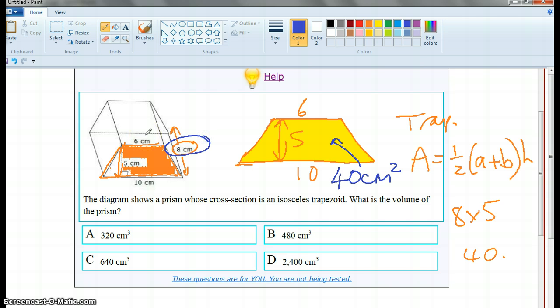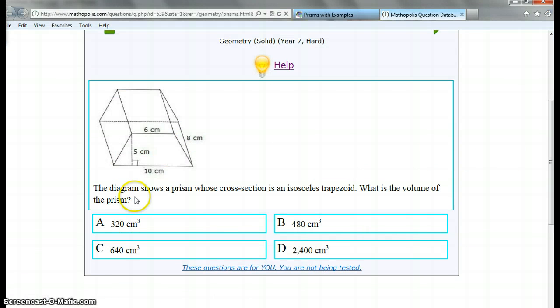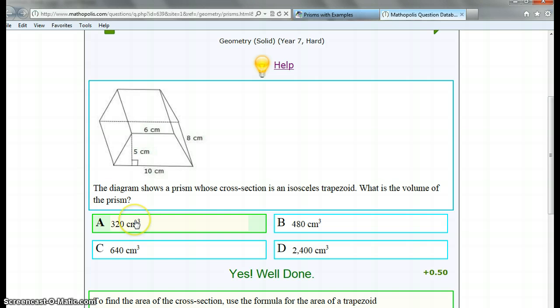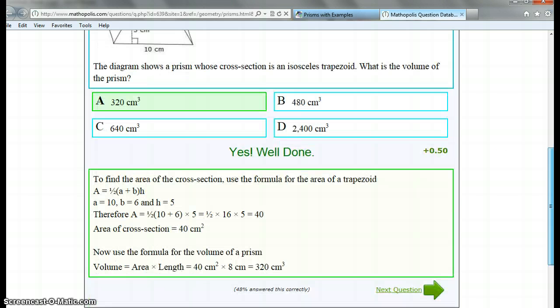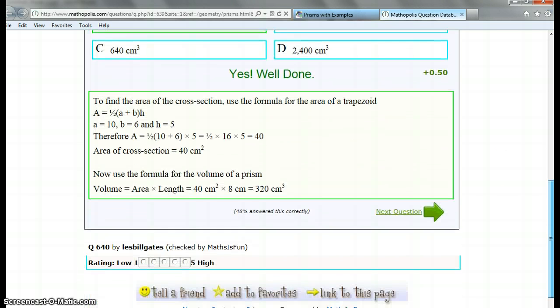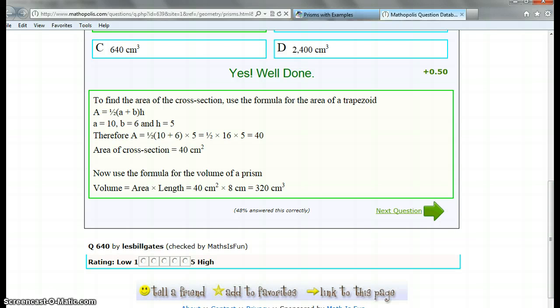So who can do 40 times 8? 8 and 8 is 16, 16 and 16 are 32. So we've got 320 centimetres cubed because it's volume. Yes, well done, clever us. And we've got the working there. Okay? I'll post that link for you.